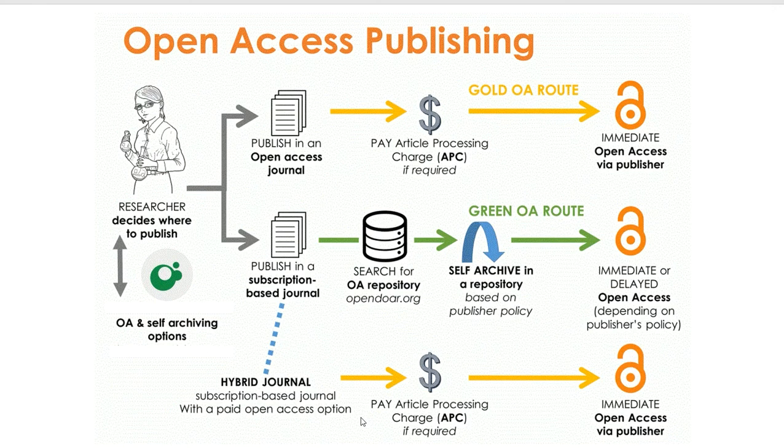Next, open access publishing. If you want to publish your article, it is either open access mode or non-open access mode. You are a researcher and you decide where to publish, either an open access journal or a subscription-based journal. In an open access journal, you pay article processing charges yourself.